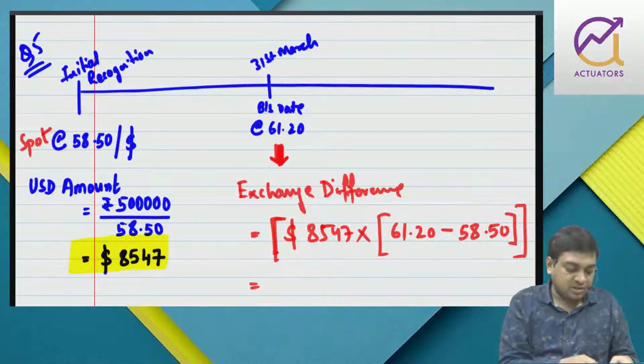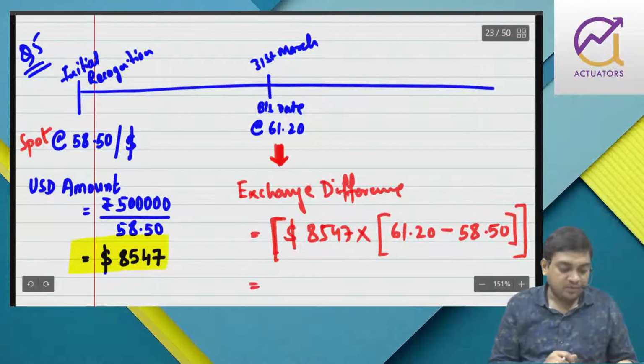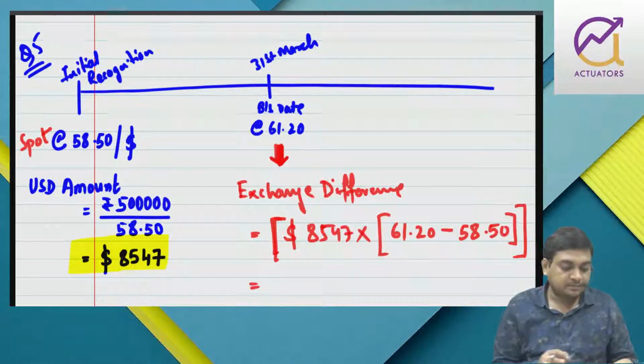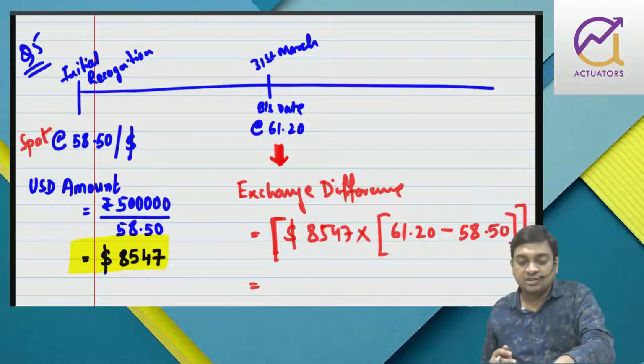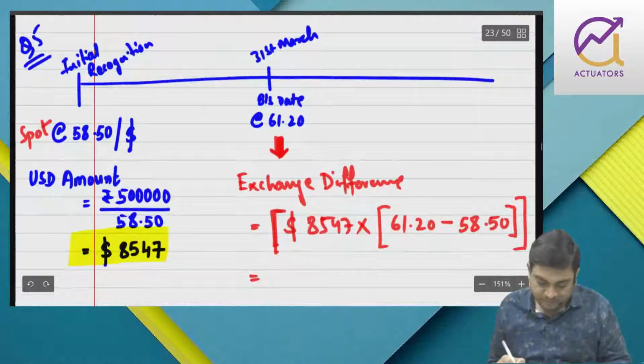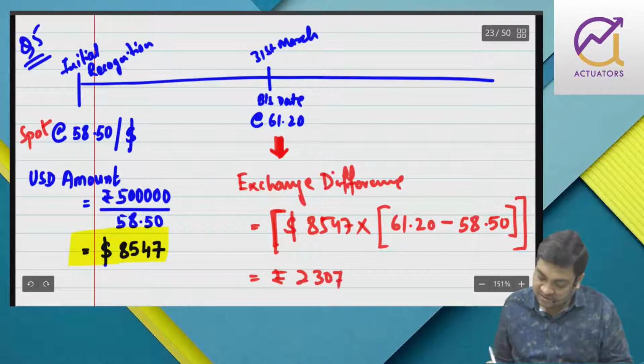That comes to 2.7 into 8547, which is 23077. So rupees 23077.